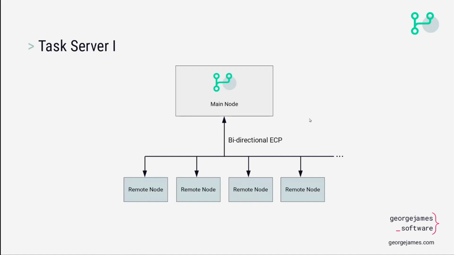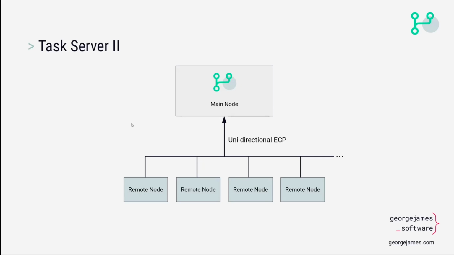The biggest change and the motivation for developing Task Server 2 was to simplify that a little bit. We now only need an ECP connection in one direction, and that's from the remote node to the main node.